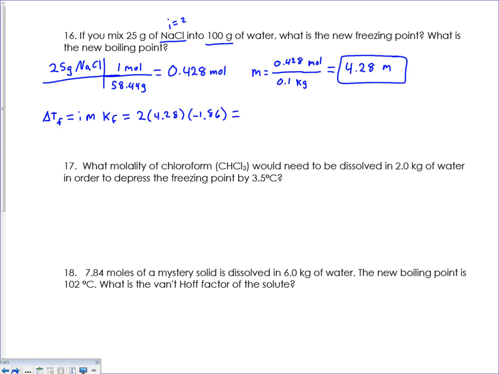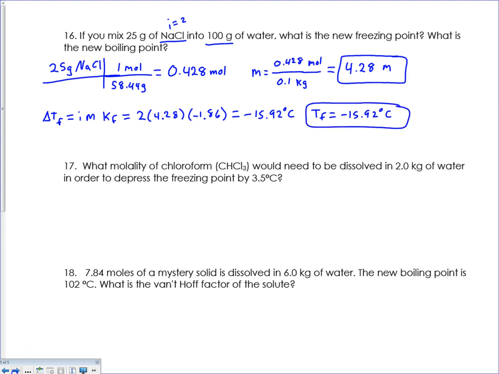So if you calculate that, I get negative 15.92 degrees Celsius, which means that Tf equals negative 15.92 degrees Celsius.